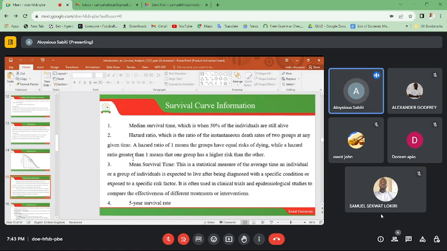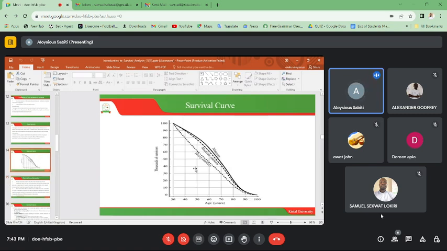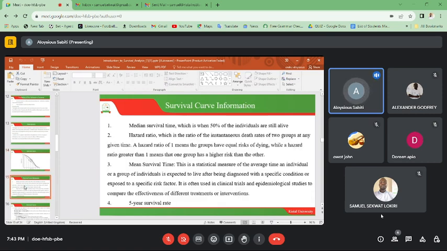A hazard ratio of 1 means the groups have equal risks of dying, while a hazard ratio greater than 1 means that one group has a higher risk than the other. So you can see here that the heavy smokers have a higher risk of death than the non-users, and therefore the risk of dying is more among those who are heavy smokers.